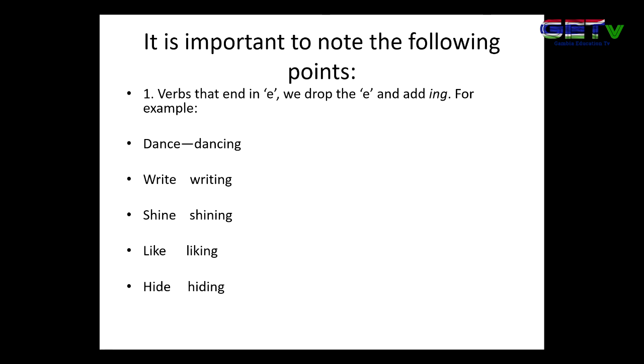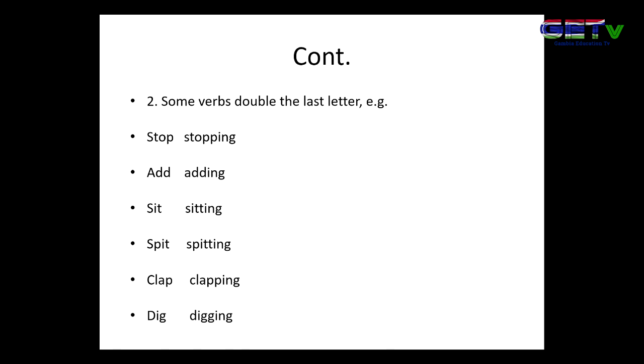When a verb ends with a silent E, drop the E and add ing to form the continuous tense. Dance becomes dancing, write becomes writing, shine becomes shining, like becomes liking, hide becomes hiding.